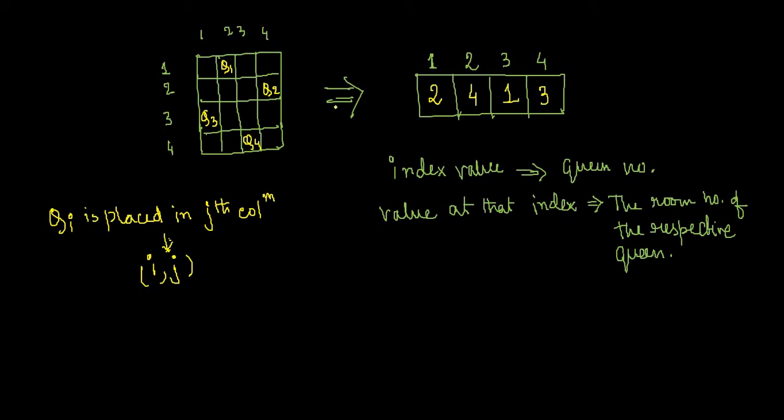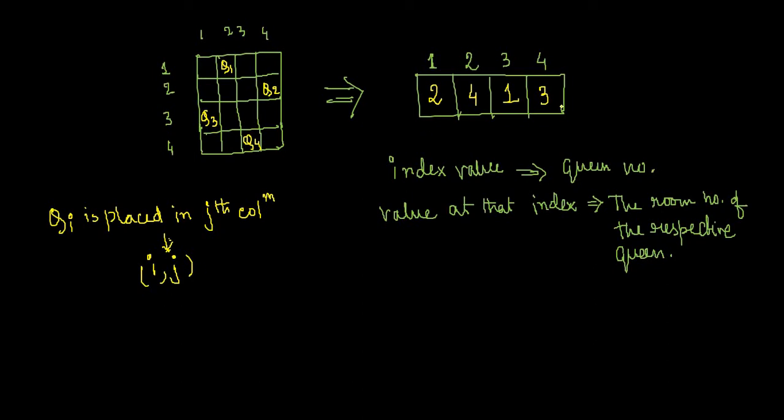Now, with respect to one-dimensional, this i represents the ith index, and this value j is nothing but the value at that index that we have seen over here.